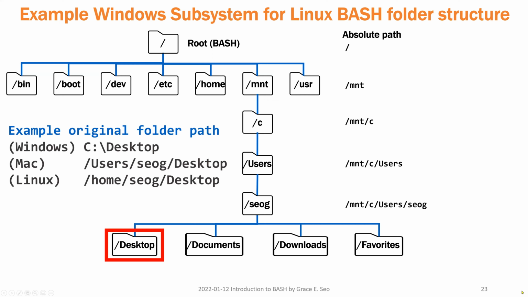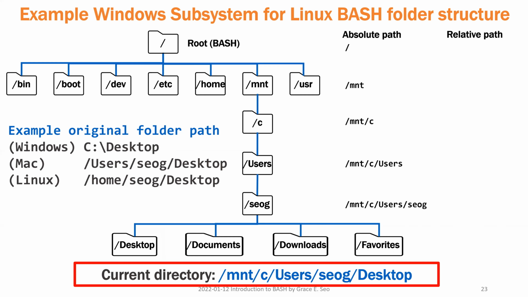On the other hand, if you want to use a relative path for changing directories, it works backwards, as it locates a directory from your current directory. So imagine that our current directory is now desktop, and we got here using an absolute path. Now, the current directory is referred to with a period using relative path.